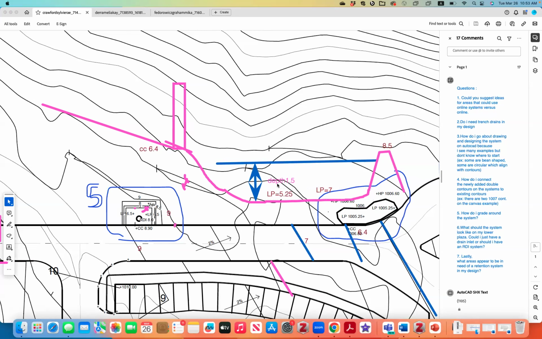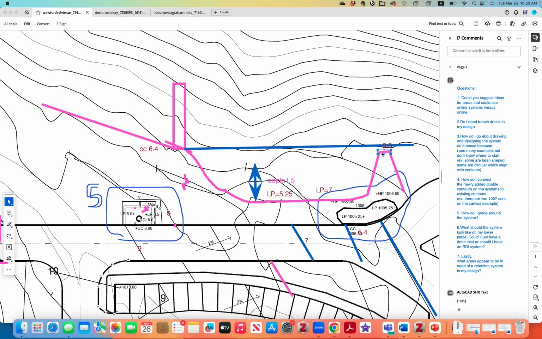And in this case, if you don't have an RDI, it will fill up until it's full at this level. Does that make sense? Yeah. So this level means that you're also still exceeding the 1 foot depth. Okay, slightly. And then your HP equals 6.6, that works.